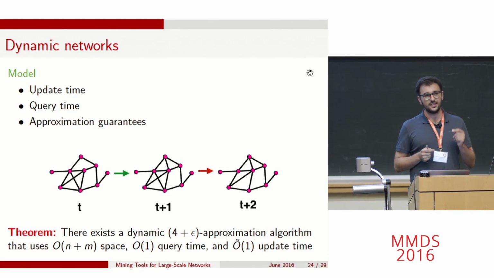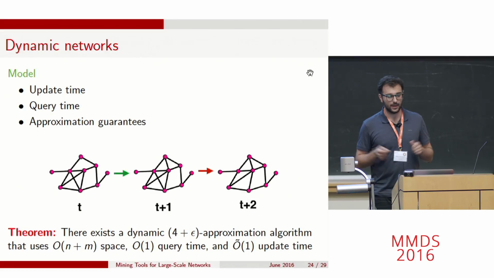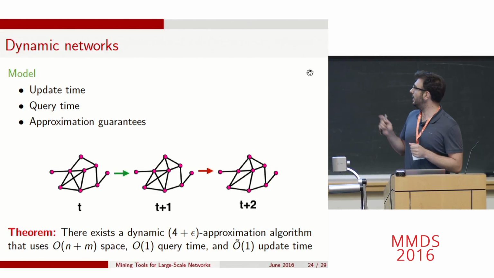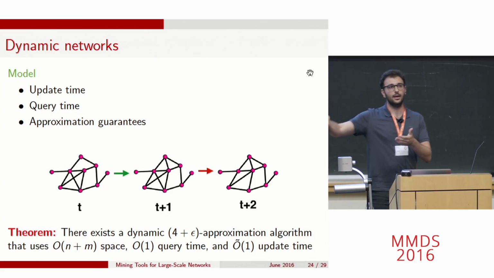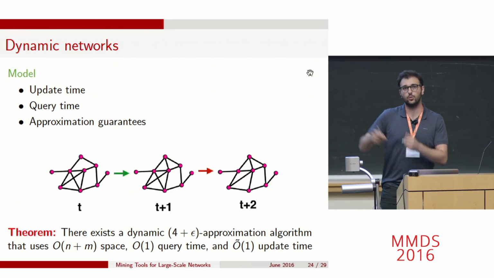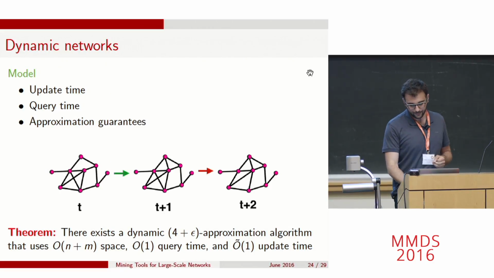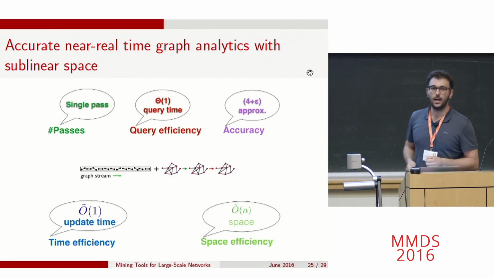We showed that there exists a dynamic 4 plus epsilon approximation algorithm that uses linear space, constant query time, and polylog n update time. So every time some insertion or deletion takes place, we need polylog n update time to change our data structures. So an open problem is trying to improve this approximation guarantee.